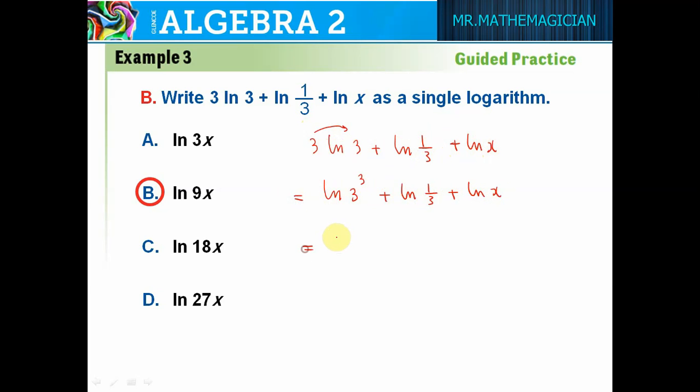Now we can take ln back into the multiplication, so plus plus will be multiply. So 3 to the power of 3 times third times x. And you can notice that I expressed all this ln as one ln. So 3 to the power of 3 is 27. 27 times 1 over 3 is 9. So this will be ln 9x. That's why B is the accurate choice.